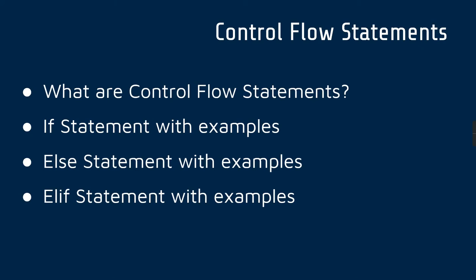The classic examples of control flow statements available to us in Python are the if, else, and elif statements. So let's look at this and try to understand what they actually are in a Jupyter notebook.